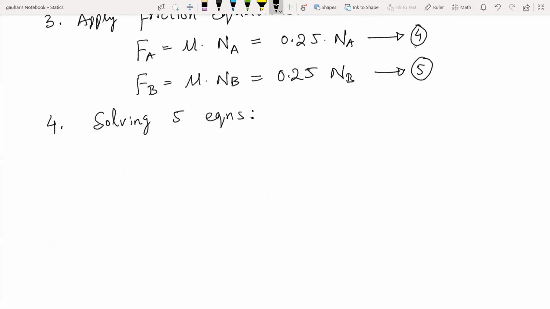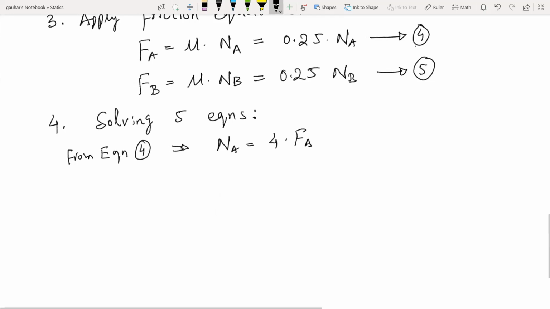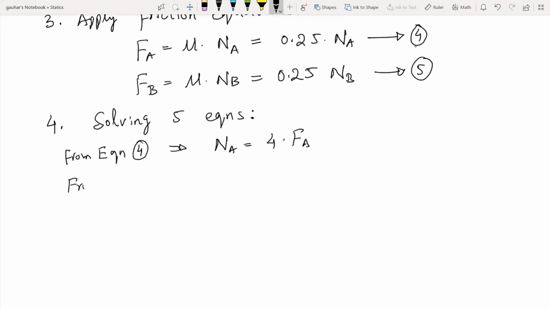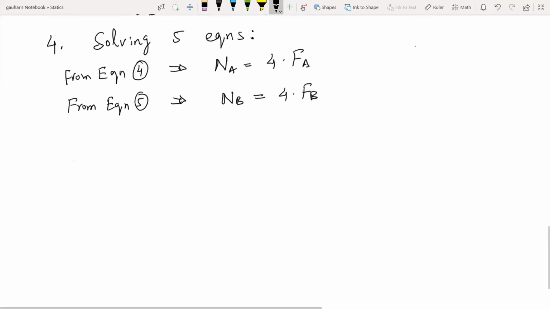Okay, so how I do it, from equation 4, I get N sub A equals 4 times F sub A, right? From equation 5, we get N sub B equals 4 times F sub B.